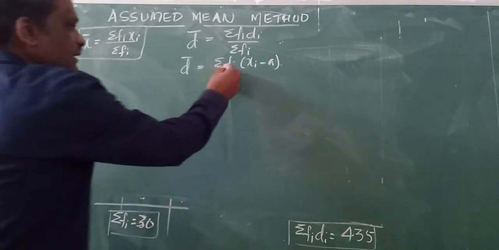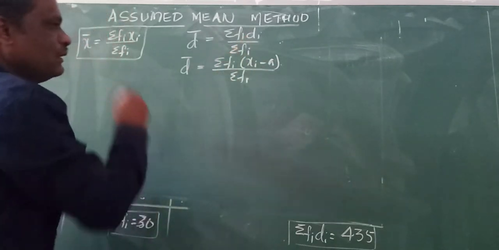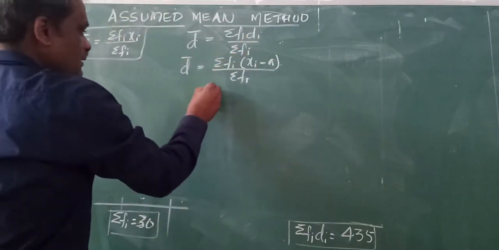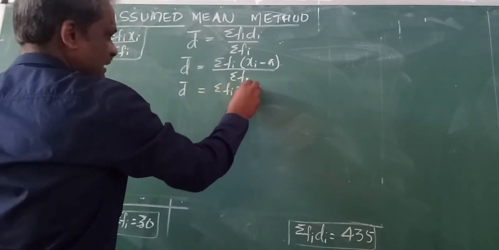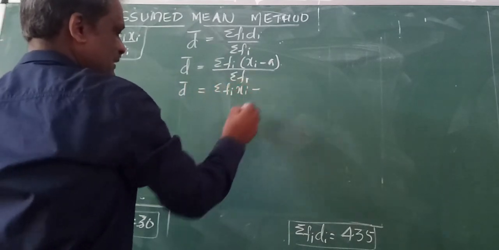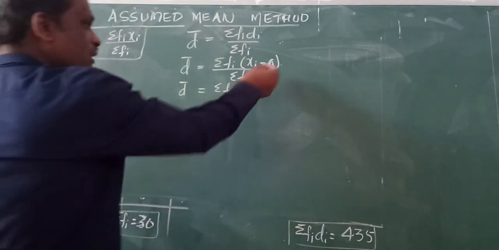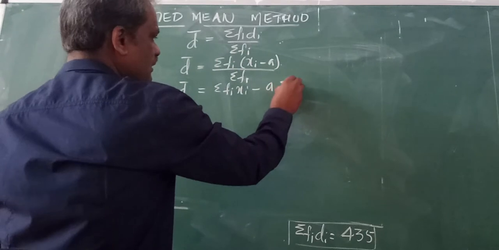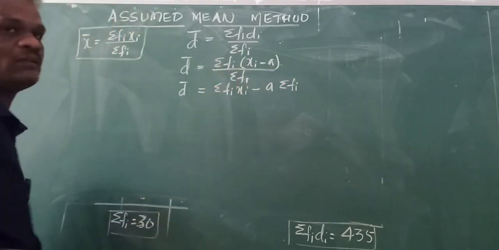So d bar is equal to sigma fi, xi minus a, divided by sigma fi. Same thing we are doing. Then you multiply this inside. A is a constant value, so it will not come under the summation. You can write it outside: a into sigma fi. It cannot go inside the summation because it is a constant.